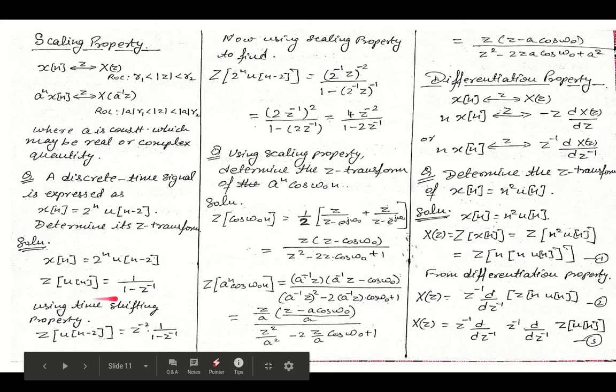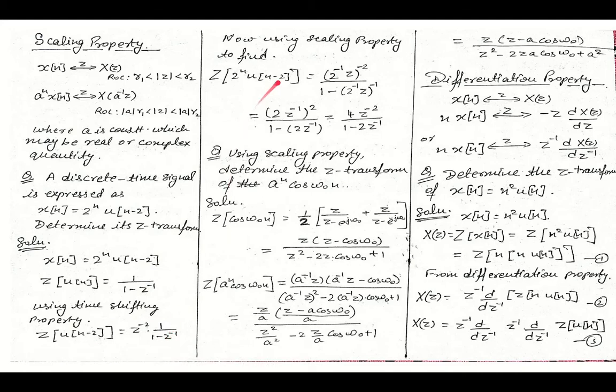So we can utilize the time shifting property. According to the time shifting property, for u[n-2] the Z transform will be Z to the power minus 2 into 1 upon 1 minus Z inverse, so we can put Z to the power minus 2 upon 1 minus Z inverse.